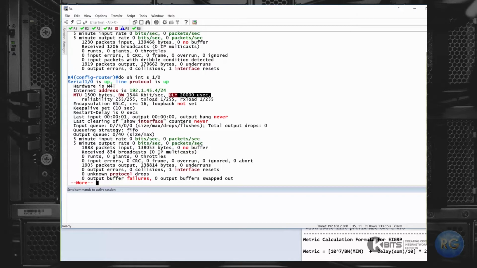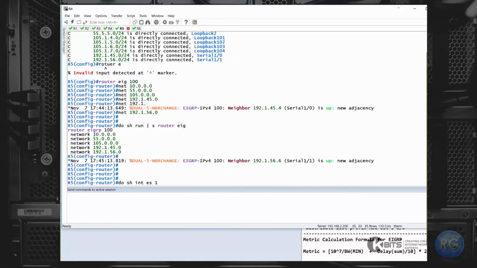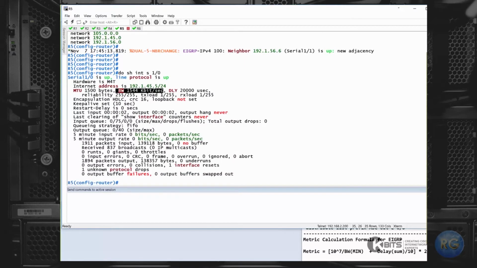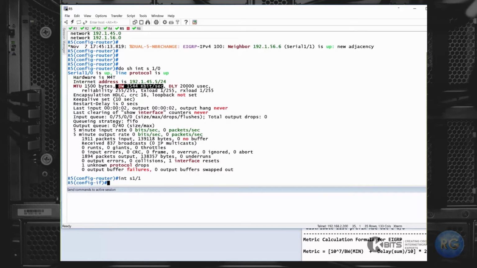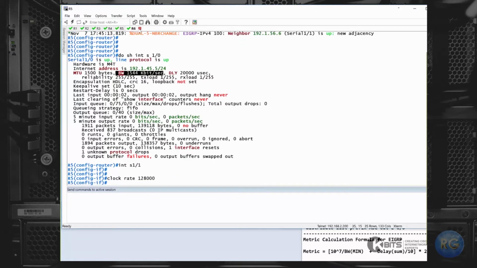You understand that? Regardless of what the speed is. For example, over here, what I want to do is set this speed. Although the bandwidth is 1544, the actual speed is determined by this command. This is like your speed command. All right.